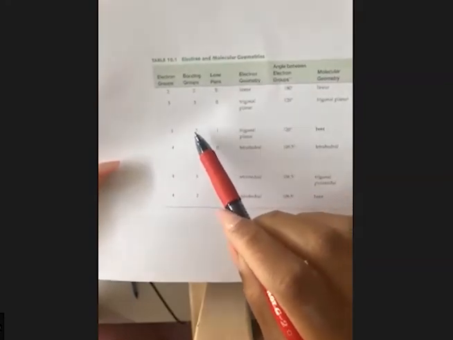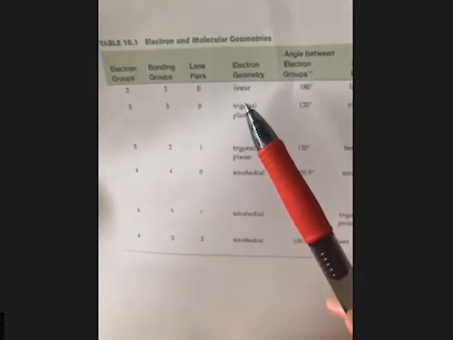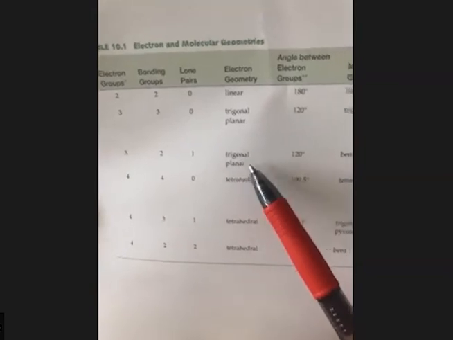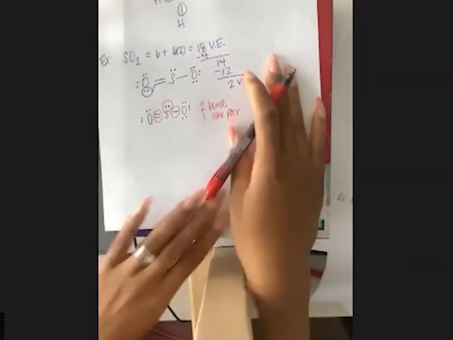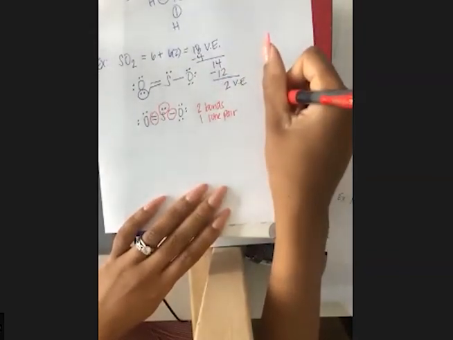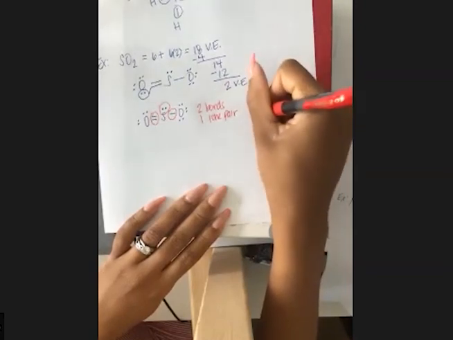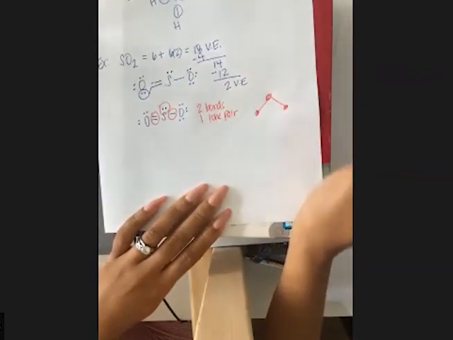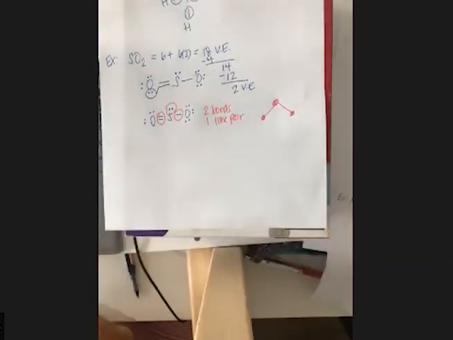I'm gonna go with the 2 bonding, the 1 lone pair. So the 2 bonding and the 1 lone pair says it's trigonal planar. So anytime I have 3 electron groups, it's automatically gonna be trigonal planar with 120-degree angles. But this time, the overall shape is bent. So what that really means is it's bent just like water's bent, where it's like this V shape, where this is the sulfur and these are the oxygens.